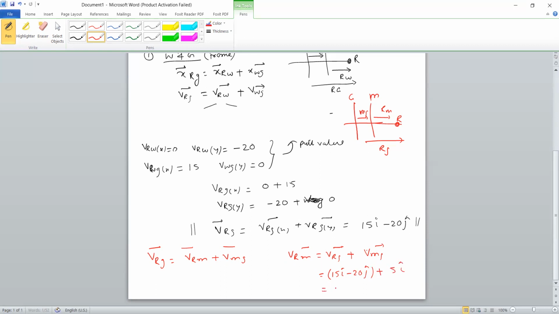We just put this in, and we get 10i minus 20j. So this is the velocity of rain to man. Okay, so what is the meaning of i and j components? The j component is downward, and the i component is in the forward direction.